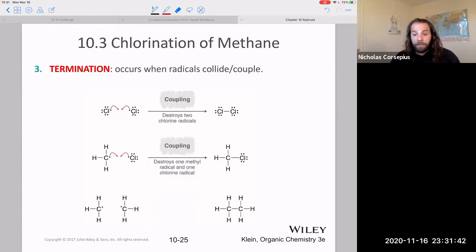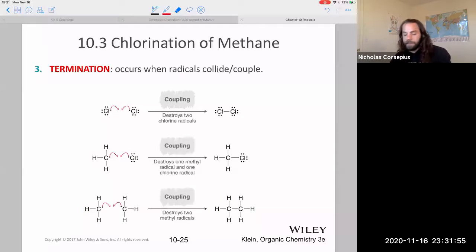But importantly, it would stop the reaction. You wouldn't generate another highly reactive radical species like you do in the propagation step. Or you can even have two methyl radicals finding one another and thus coupling and stopping the reaction there.